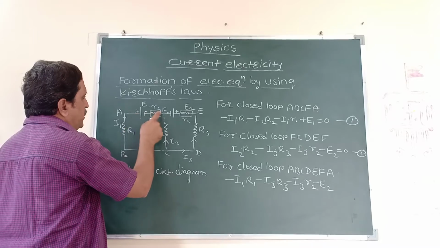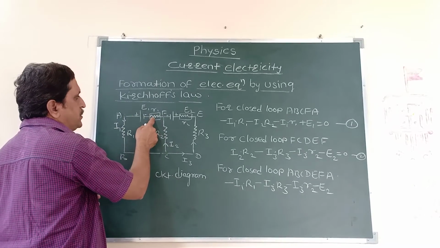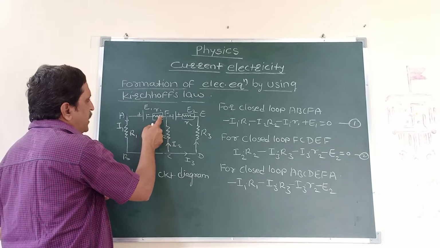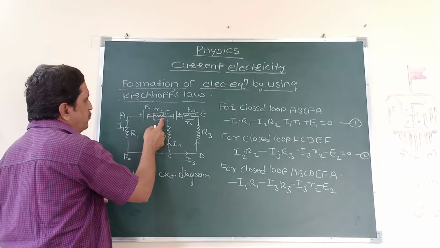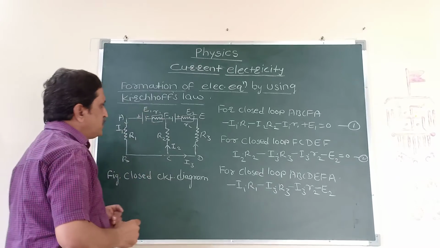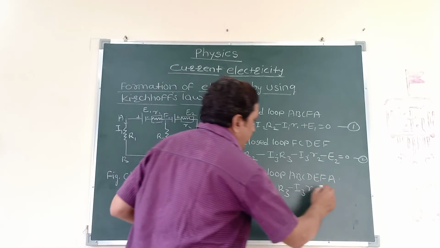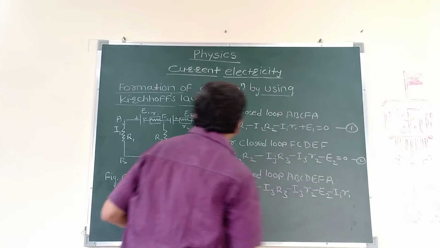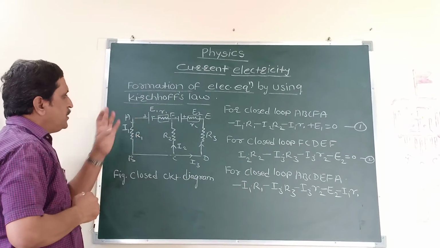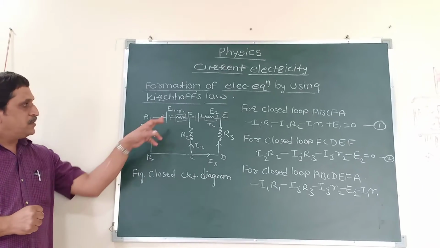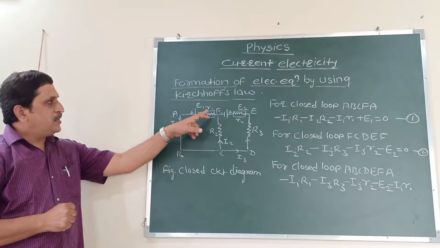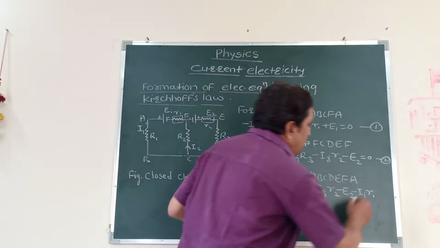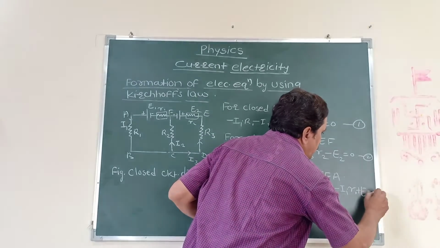Now, for this path F to A, internal resistance R1, current I1, loop tracing direction from F to A, current is moving from F to A, both are in the same direction. Therefore, product of current and resistance should be negative. That means minus I1 R1, and here EMF of this cell is positive because that cell sends a current in the same direction in which loop is being traced. Therefore, plus E1 is equal to 0.